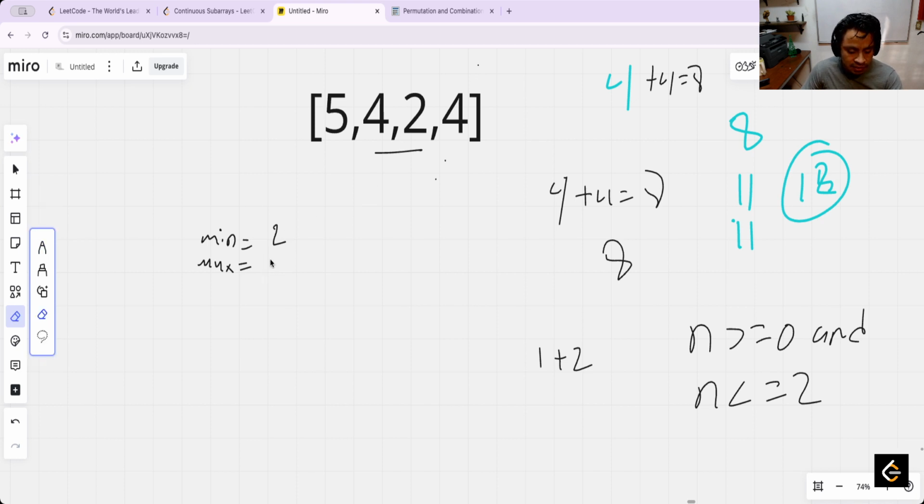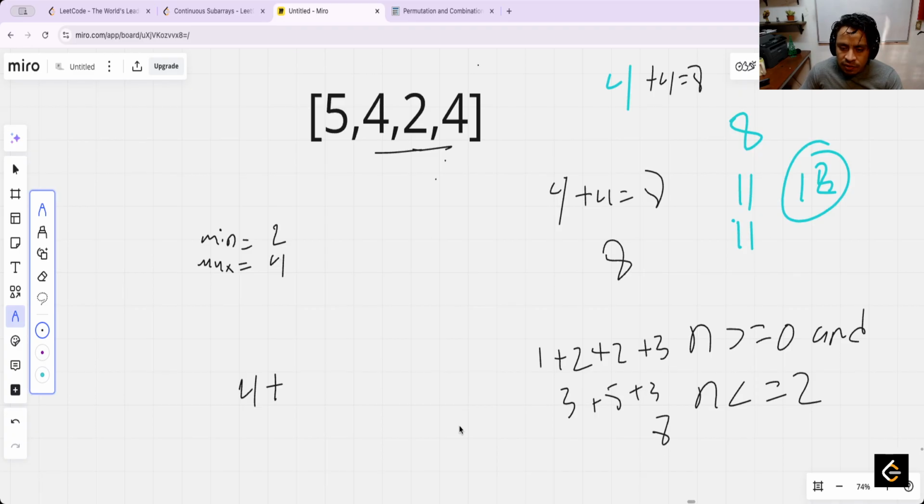The min is 2 and the max is 4. Okay, plus 2. Now the next is 4. Okay, plus 3 is 4 plus 1 plus this is 3. 3 plus 2 is equal 5. It's equal 8.